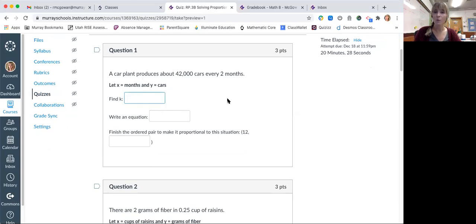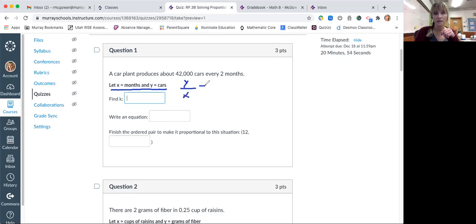You use that one piece of information to find K. And I even defined the variables for you. So please read this part right here really closely. This stuff that says let X equal that, because as soon as they tell me what X and Y are, then I know the division I'm supposed to do is of course Y over X.